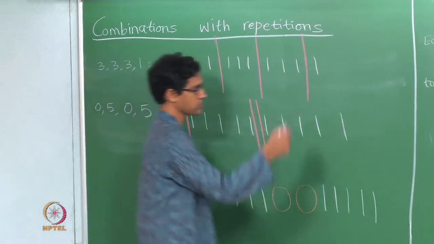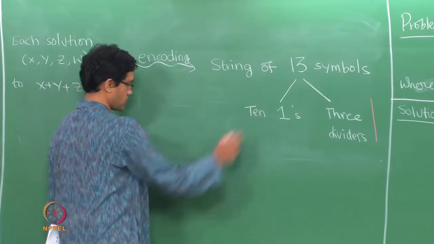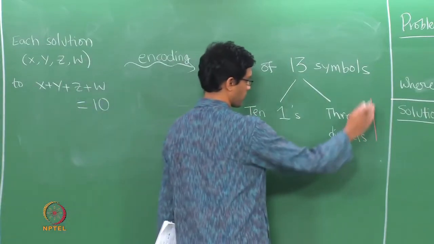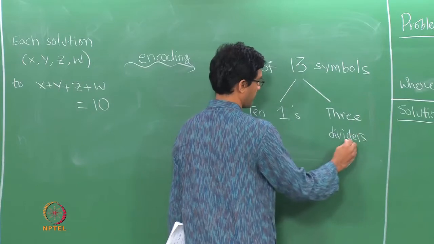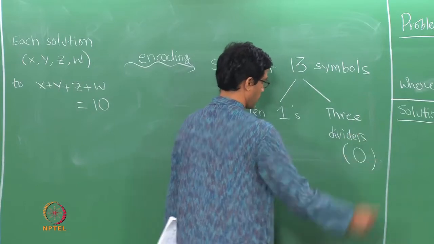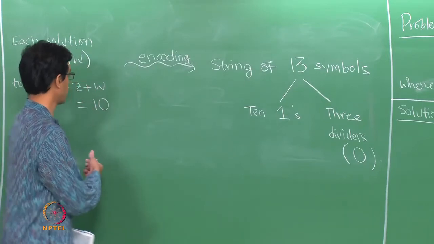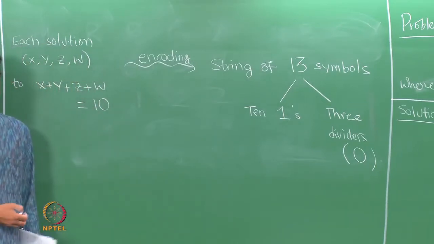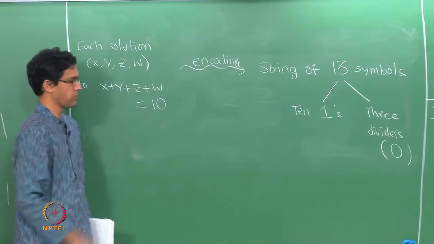So instead of dividers being this red line here, I will just think of the dividers as being written out as a 0. Now, we wanted to count the number of solutions to this equation. It's the same as counting the number of strings of that form.